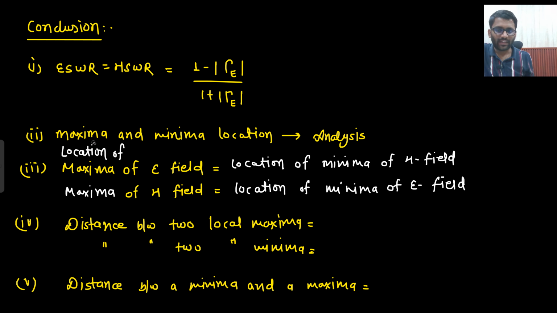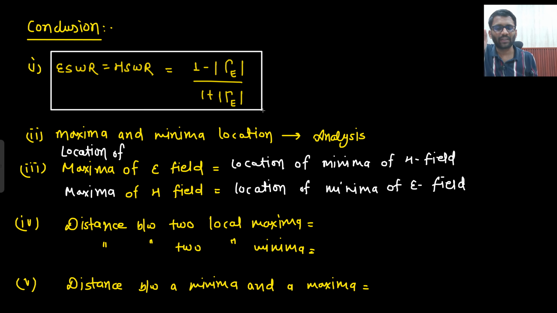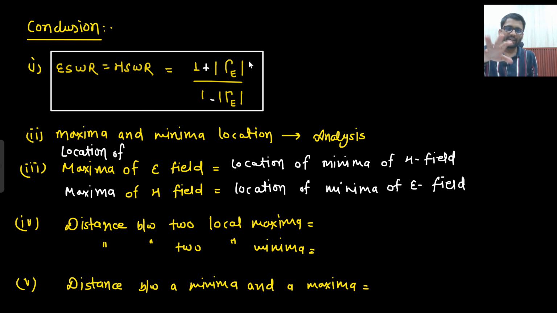And if they are asking maxima and minima location, then what you will do? You will do the analysis. One formula I understood, that ESWR or HSWR is equal to 1 plus gamma E divided by 1 minus gamma E. You will not get confused here, right? Why? Because this is maximum by minimum.